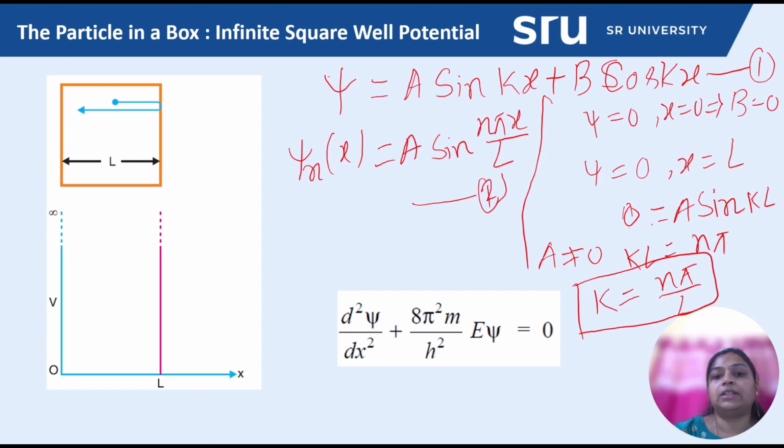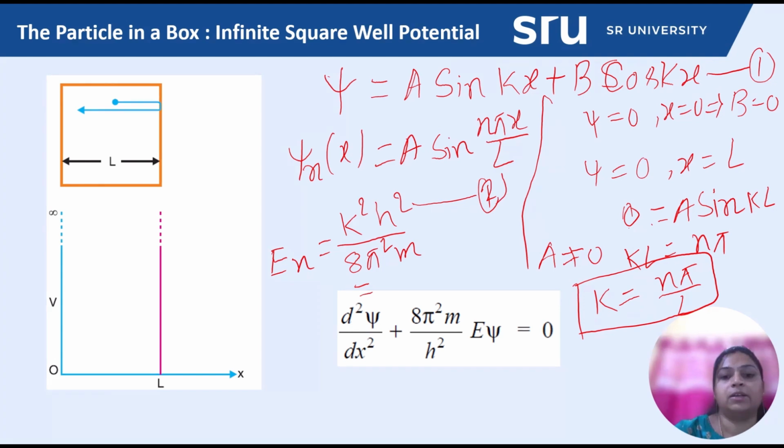The energy of the particle En is equal to k square h square divided by 8 pi square m, or we can write it as h square n square pi square divided by L square 8 pi square m.